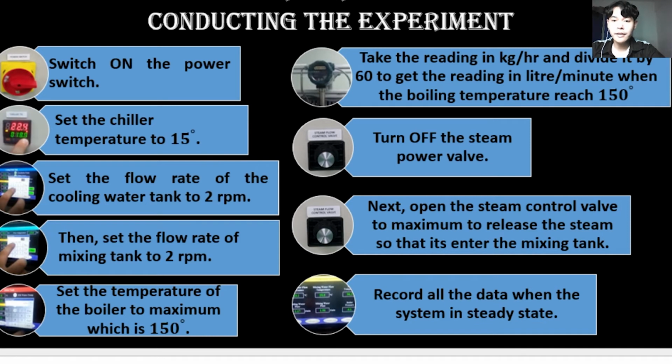Then we take the reading in kg per hour and divide it by 60 to get a reading in liter per minute when the boiler temperature reaches 150 degrees. Then we turn off the steam power valve. Next, we open the steam control valve to maximum to release the steam so that it enters the mixing tank. And the last one is we record all the data when the system is in steady state.